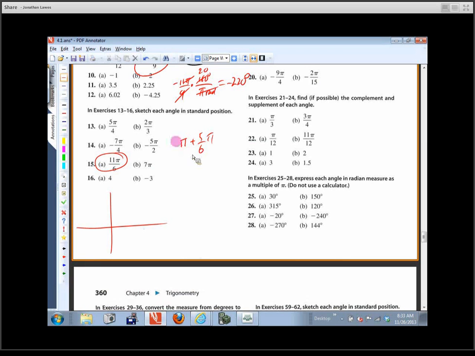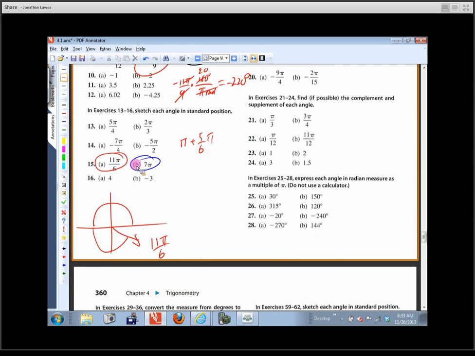That's a half a circle in the positive direction, plus another 5/6 of a half a circle. So there's pi, there's another 5 pi 6, so it puts us right here. That would be 11 pi 6. Any questions? Easy enough? Okay, would you draw this one?